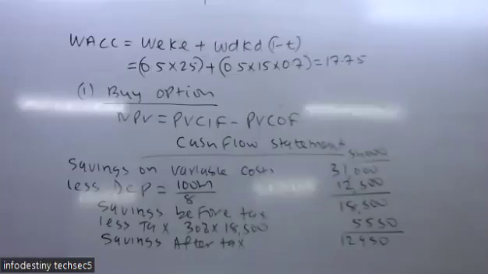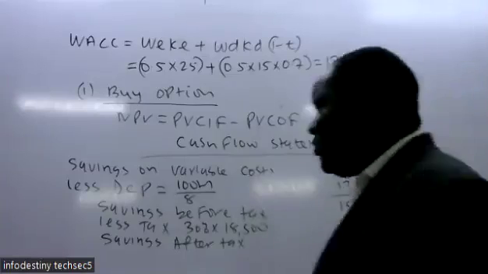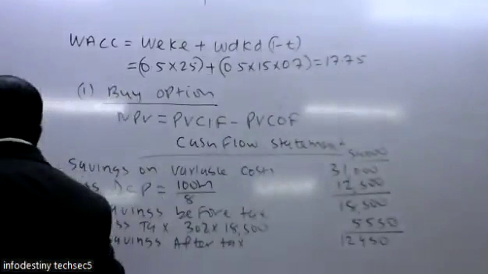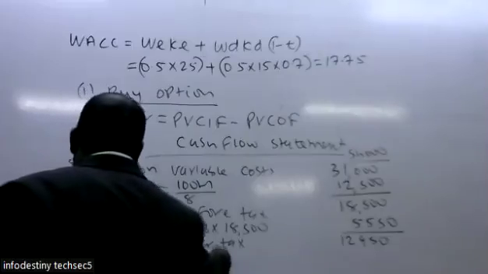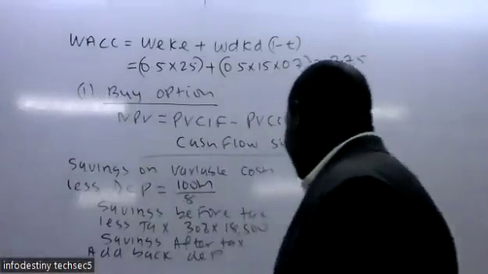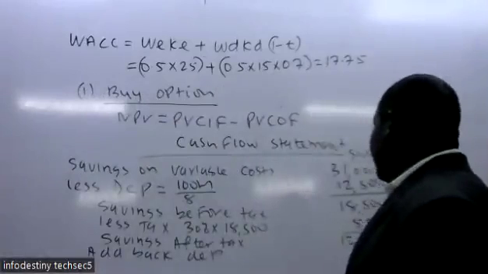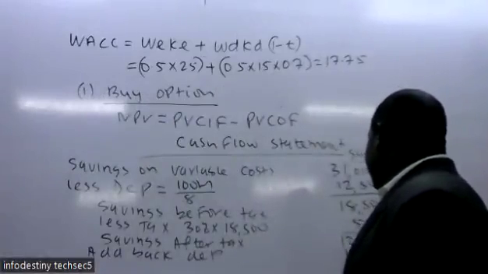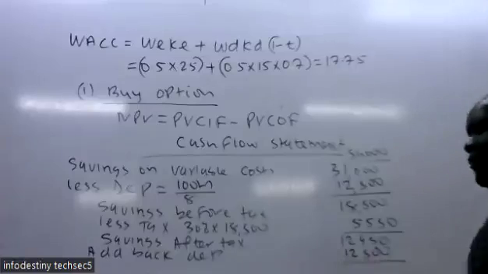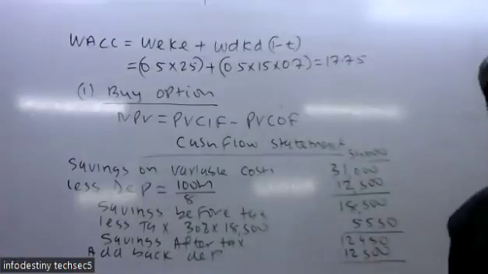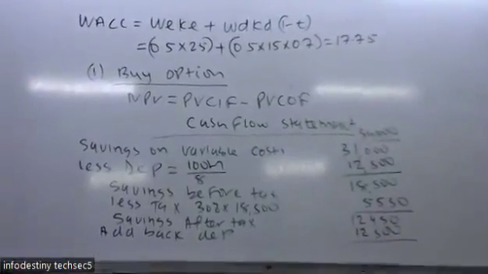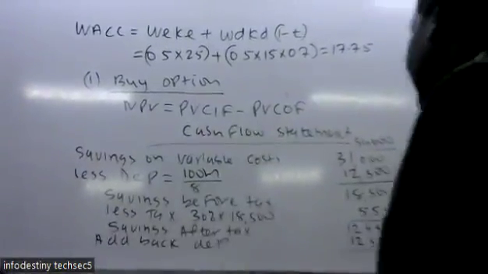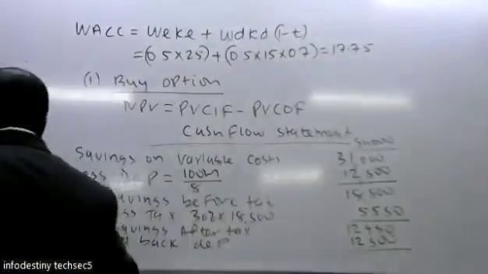So we add back the depreciation because it is not an actual outflow of cash. So after that, add back the depreciation, so that you get now the annual cash inflows.